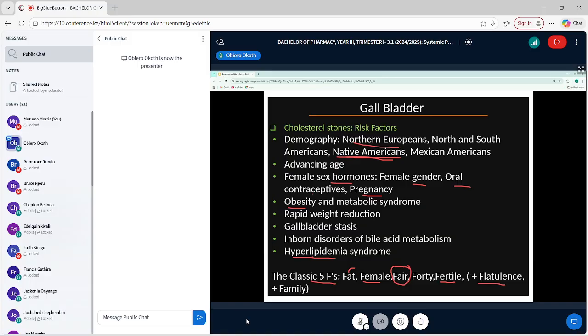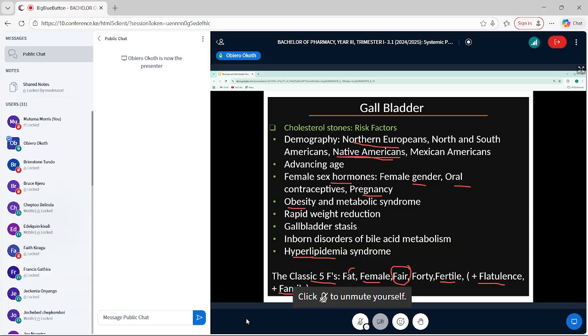But we also see a lot of flatulence, it is gas, if you have gallbladder stones, and also there could be a risk of family association. But if you remember the classic 5Fs, you'll be able to remember the whole risk factors.